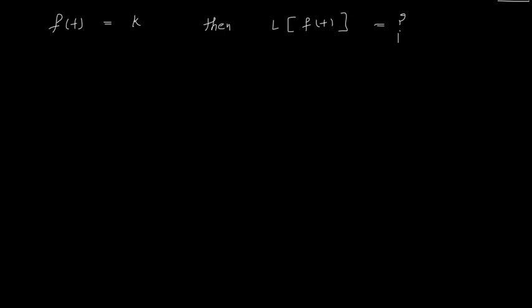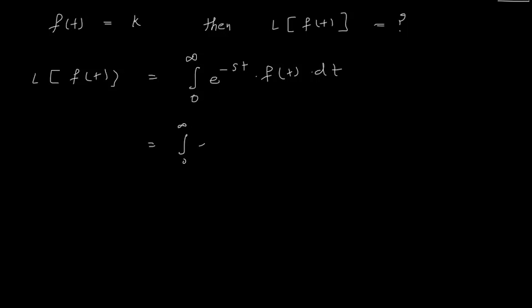So Laplace of f of t is equal to, our formula is 0 to infinity e raised to minus st into f of t dt. So here it will become 0 to infinity e raised to minus st into f of t, which is k, into dt.